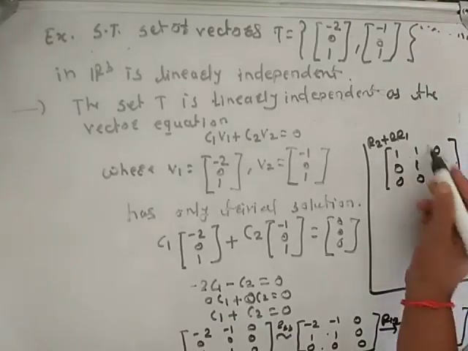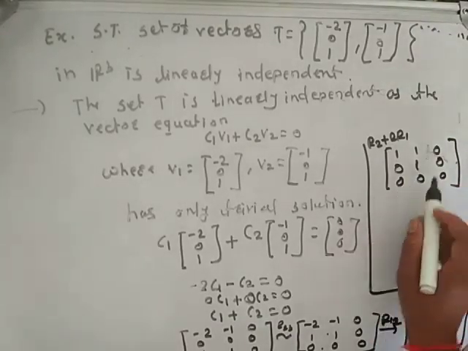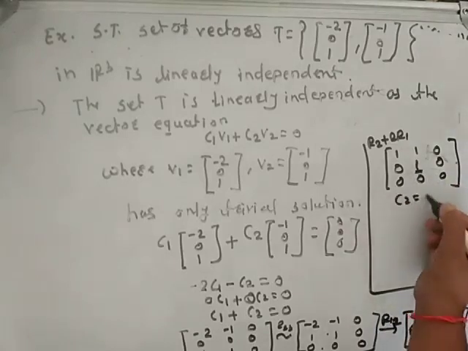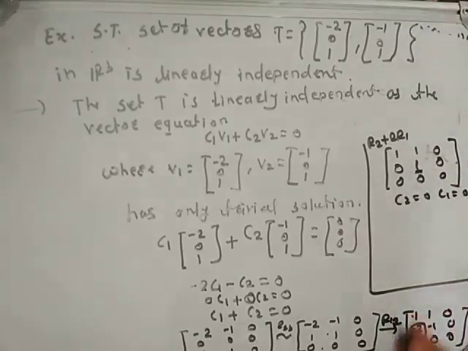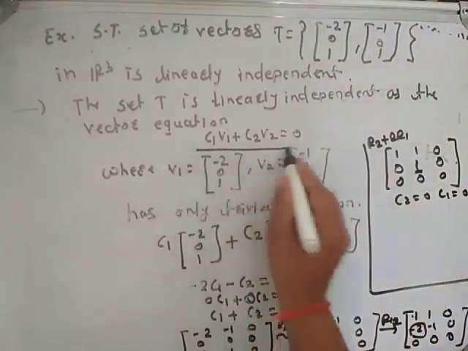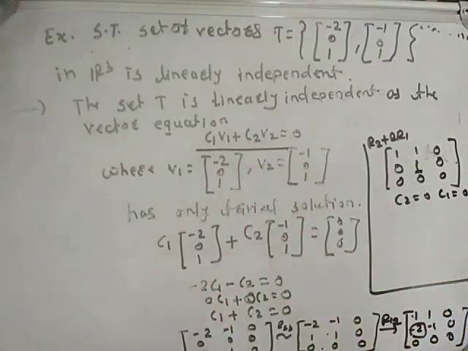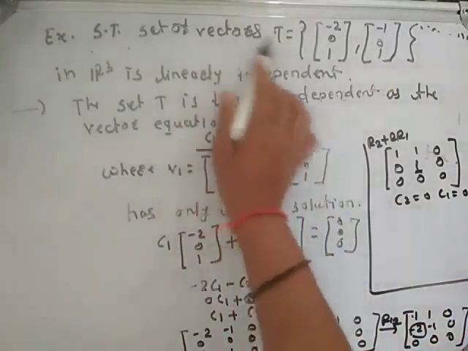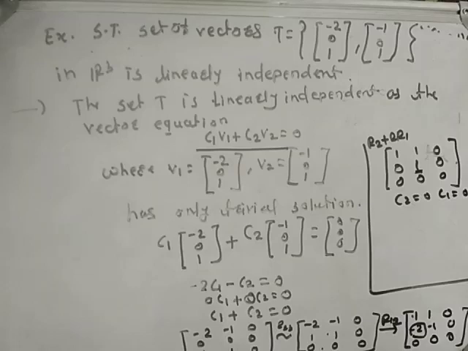So from this matrix observe that you will get C2 equals 0 and C1 is also 0. So this vector equation has only the trivial solution. That's why this set of vectors is linearly independent. In this case we cannot find a determinant because this matrix is not a square matrix. Okay, we will stop here. Thank you.